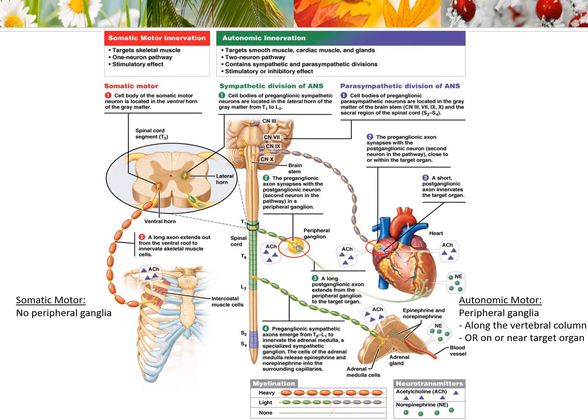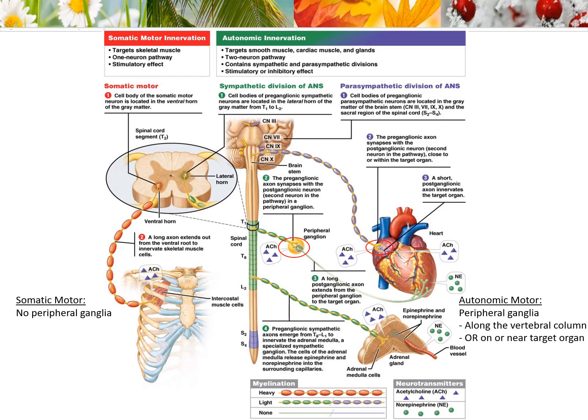So don't panic, but this is the picture from your textbook, and it's just comparing the somatic motor to the visceral motor. So on the left-hand side in red, you just have all the somatic motor innervation. So showing that the axons are heavily myelinated in those red myelin sheaths, just showing that there's a single axon, right, a single neuron coming from the central nervous system to that muscle.